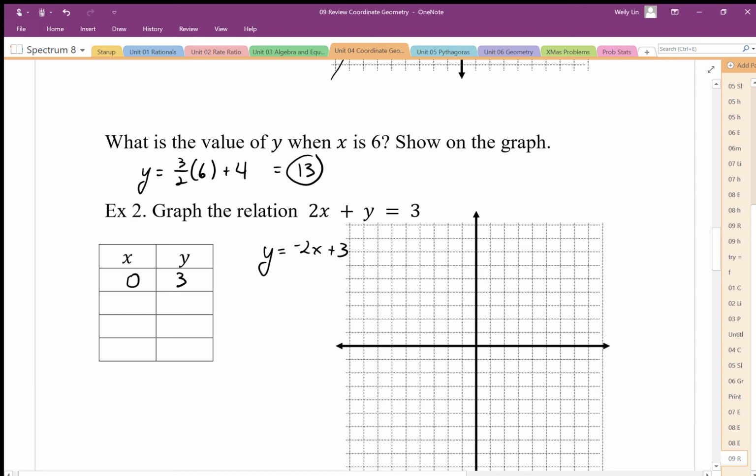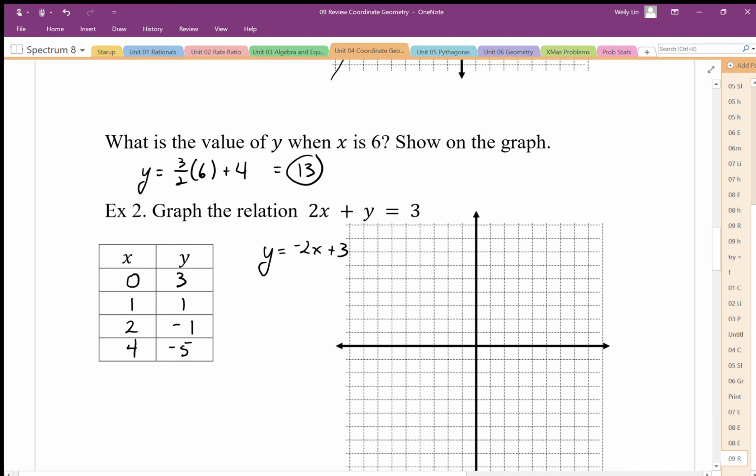And by doing that, it allows me to use that idea that I can see slope and position on the graph. And I can start plugging in points here. When x is 1, y is equal to 1. When x is 2, y is equal to negative 1. I'm going to jump a little bit. When x is 4, y is going to be negative 8 plus 3, which is negative 5.